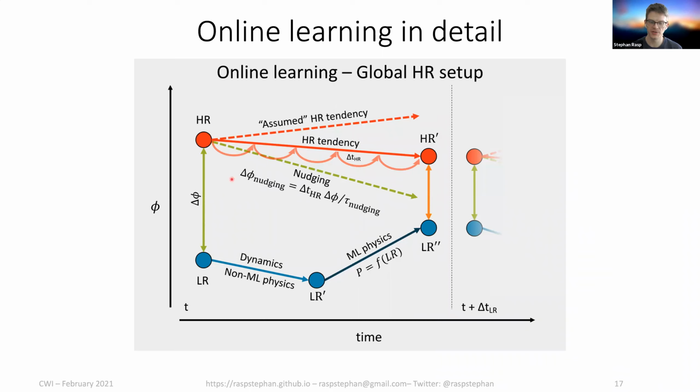So what you do is you introduce a nudging term that keeps the high resolution simulation close to the state of the low resolution simulation. And you do this by introducing a nudging with a nudging time scale. And then you basically, and here is where I'm not going to go into too much detail because it would just take too long to explain.